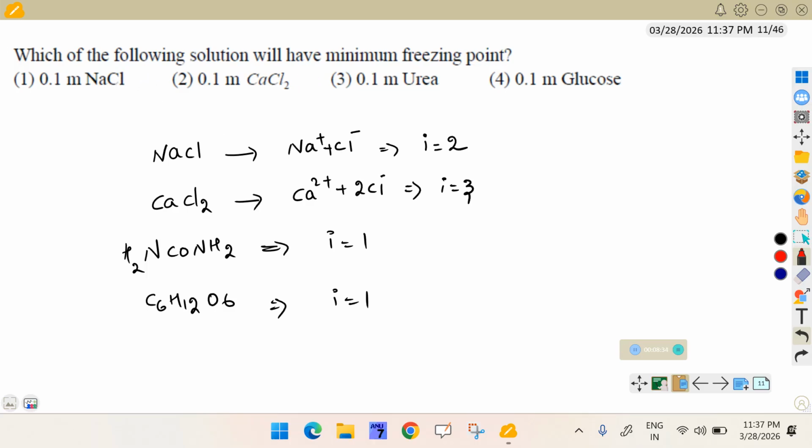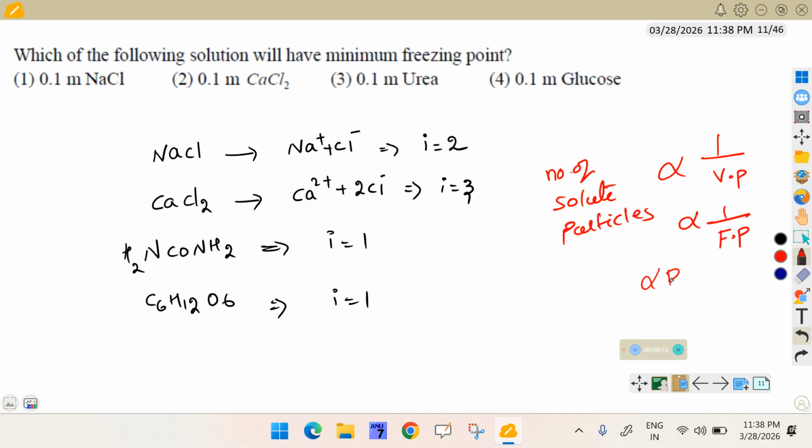Which of the following solutions will have minimum freezing point? We know that the number of solute particles is inversely proportional to vapor pressure and freezing point, and directly proportional to relative lowering of vapor pressure, elevation of boiling point, depression of freezing point, and osmotic pressure also.